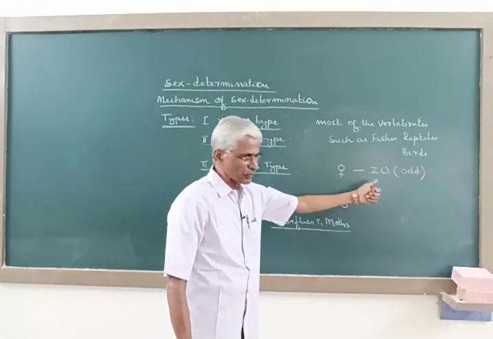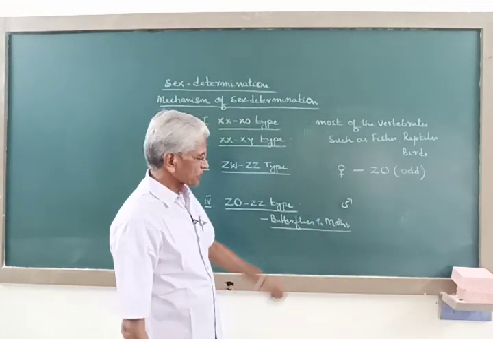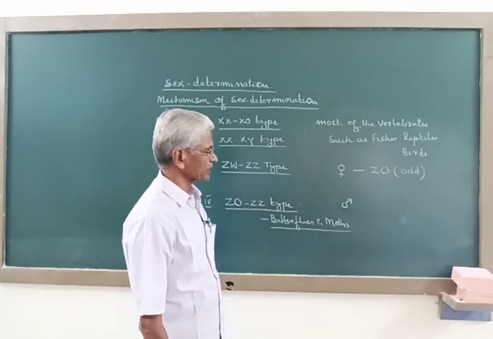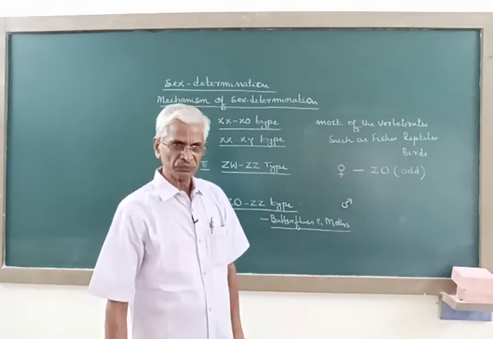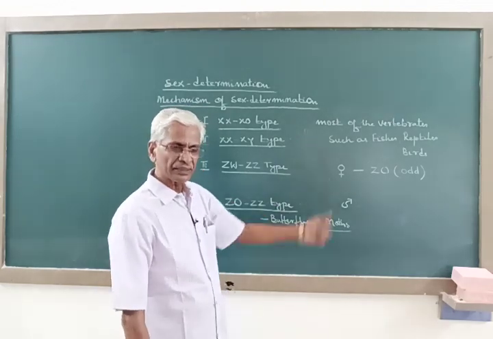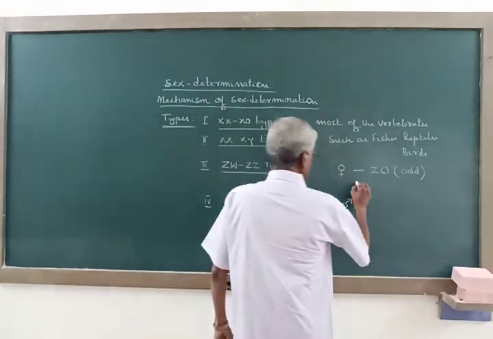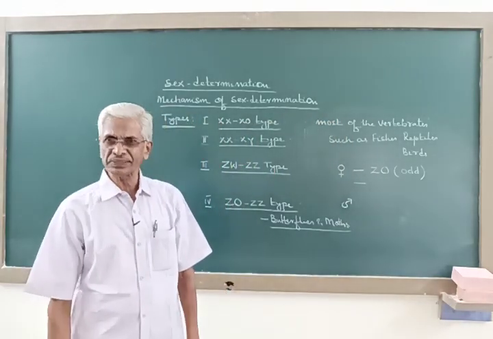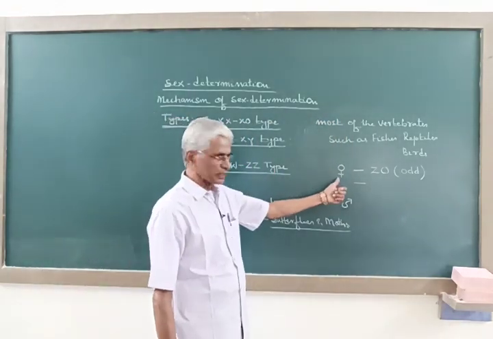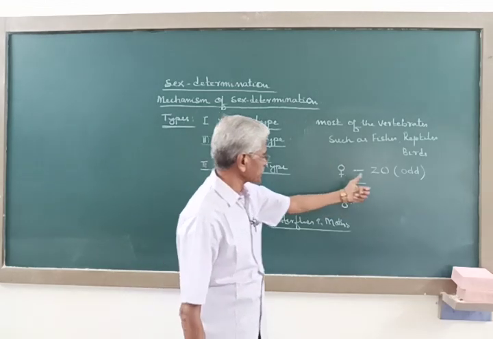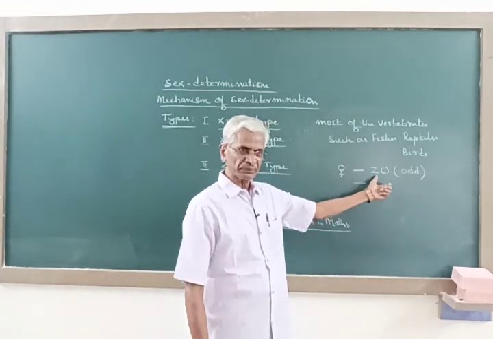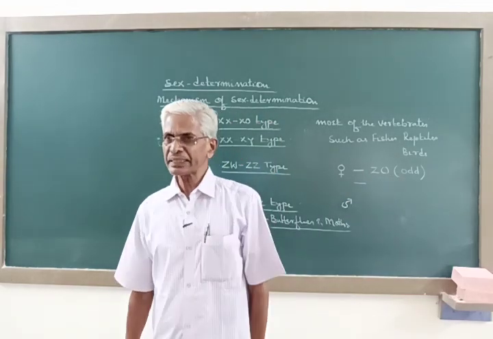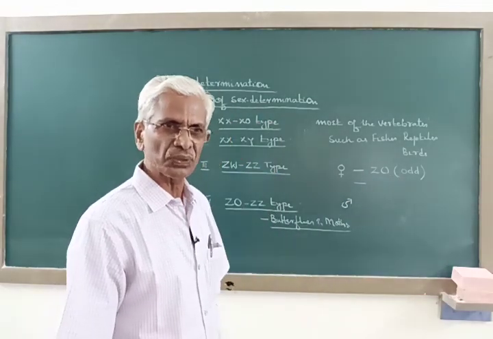The female has only one sex chromosome, and hence the female here is denoted as ZO. So when gamete formation takes place, when eggs are being produced by this female, half of the eggs will carry this sex chromosome, and the other half of the eggs do not have any sex chromosome, they have only the autosomes.